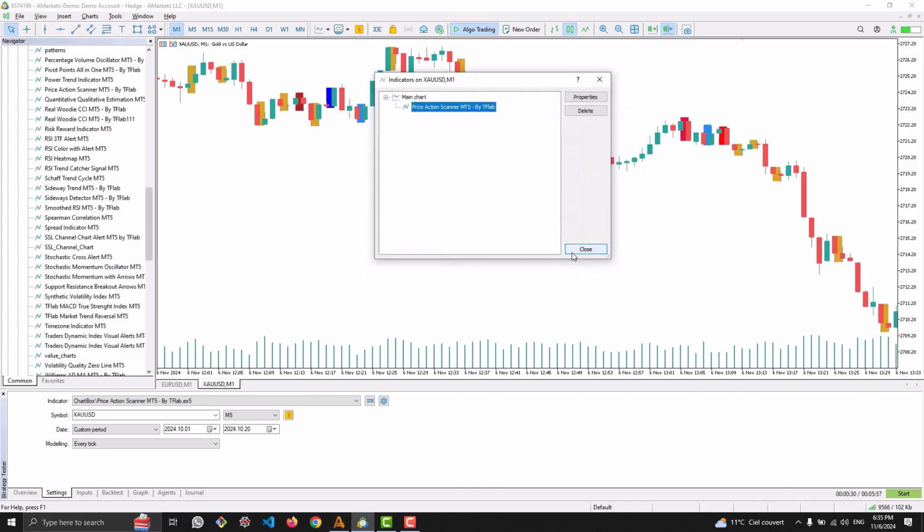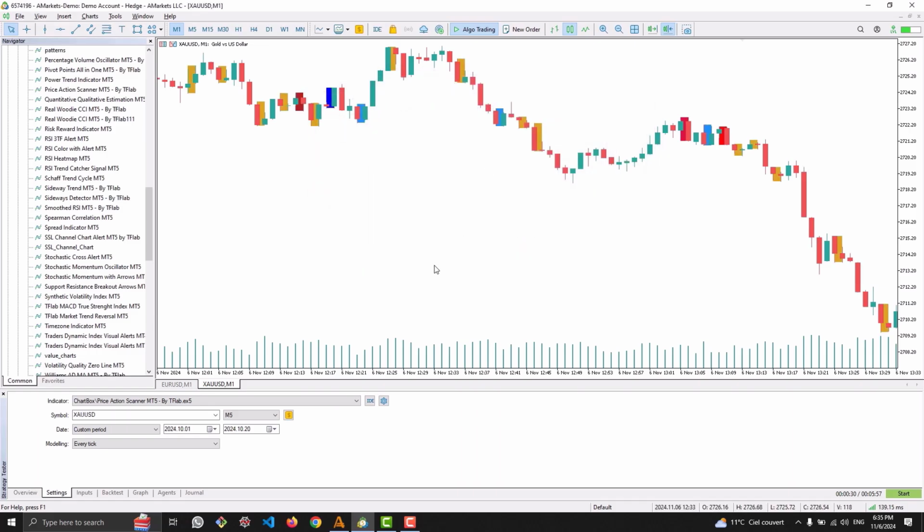We'll test this more live and see the indicator on the MetaTrader 5 platform together.